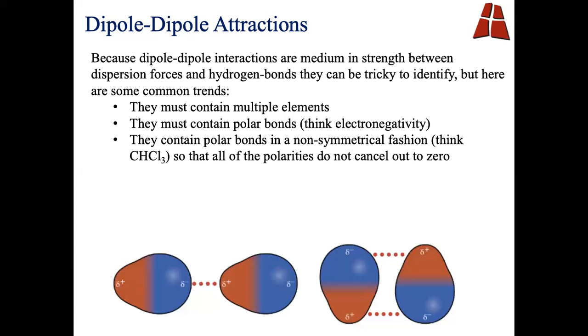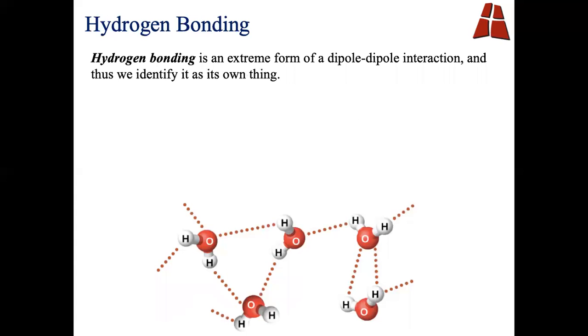The other thing they'll need is bonds distributed in a non-symmetrical fashion. So compared to CCl4, what if we have CHCl3? In that case, we no longer have a totally symmetrical molecule, and so we would end up with a dipole-dipole interaction there, okay?